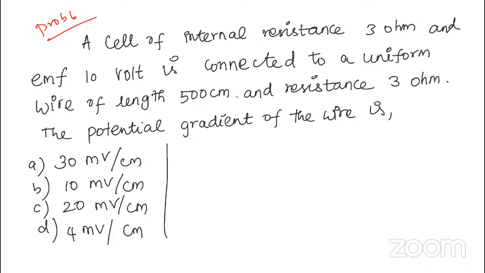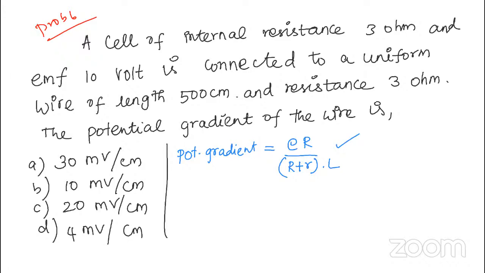Here for potential gradient, we are directly calculated the potential gradient. We have one formula. So for the potential gradient கண்டுபிடிக்கிறதுக்கு we have one formula, that is equal to E divided by R plus r, into R divided by L. Okay, இப்படியும் ஒரு formula இருக்கு for calculating the potential gradient.